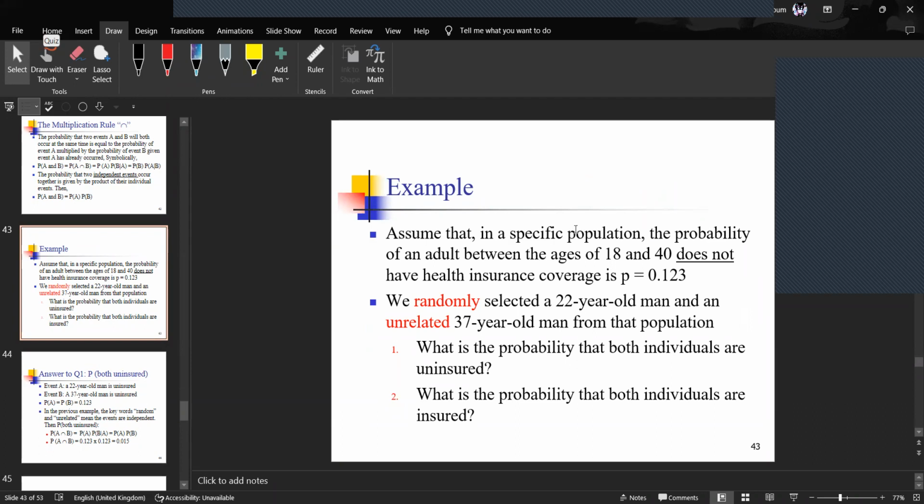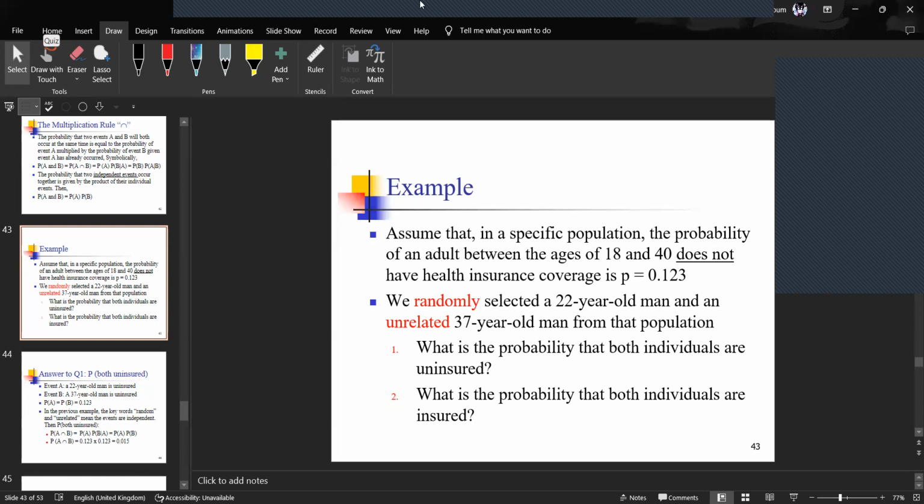In this example, we have two adults between the age of 18 and 40, and the probability of adults in this age region not having health insurance is 0.123.